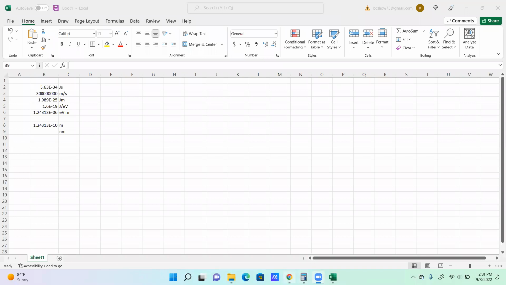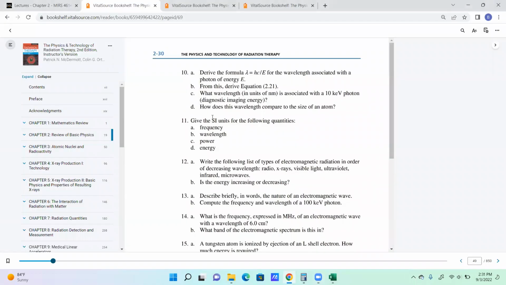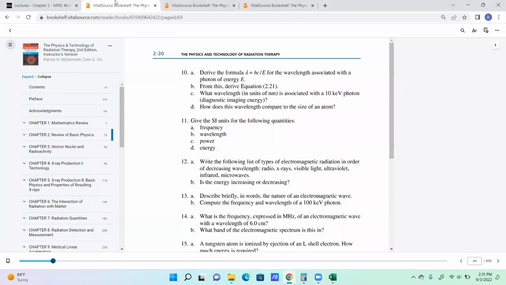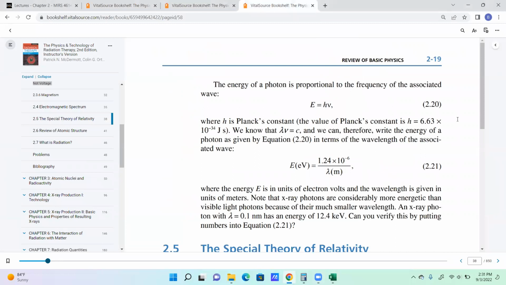So made it through 10C. How does this wavelength compare to the size of the atom? Let's just take a quick look here and see if it gives us the same order of magnitude. If we look up the size of the atom, roughly that's about where we're going to end up. And I don't know if it actually lists the size of the atom here. It might.